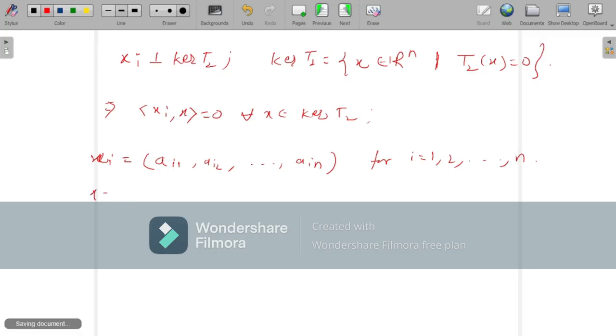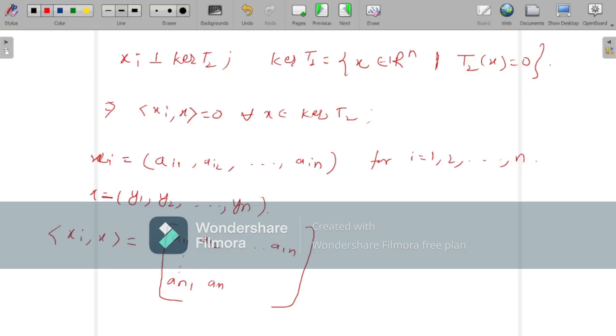And take x as y1, y2 and so on, yn. Now, the inner product of xi with x will be equal to the matrix with rows a11, a12 and so on, a1n, up to an1, an2 and so on, ann, applied to x.